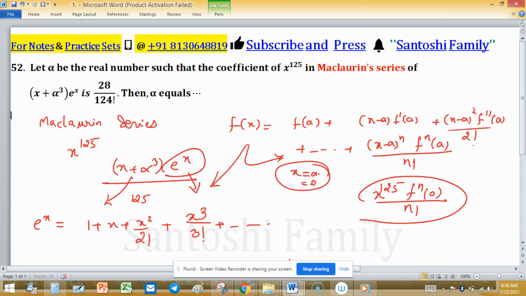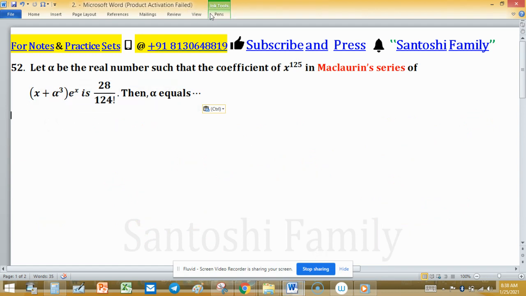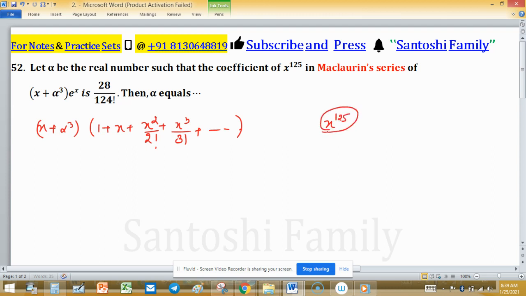Now put this expansion in the function: (x plus alpha) cubed times (1 plus x plus x square upon factorial 2 plus x cube upon 3 factorial plus, and so on). We have to find the terms containing x raised to the power 125.